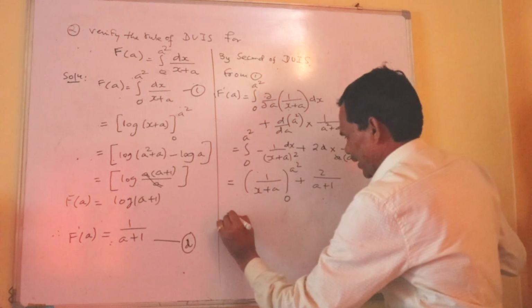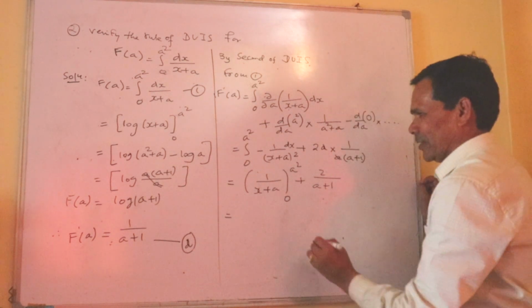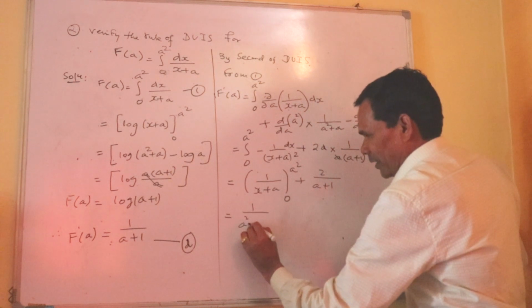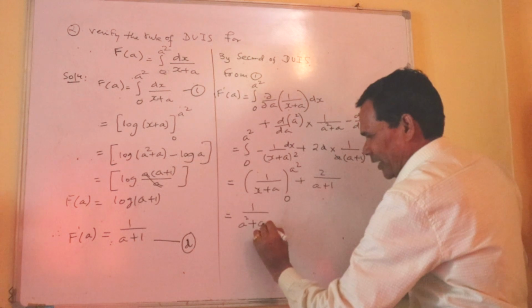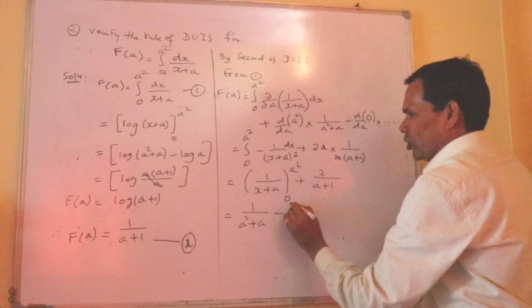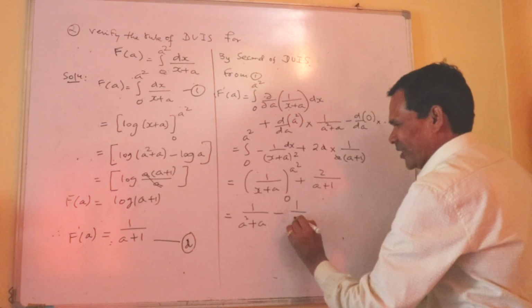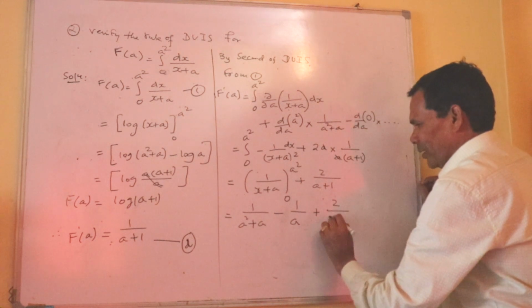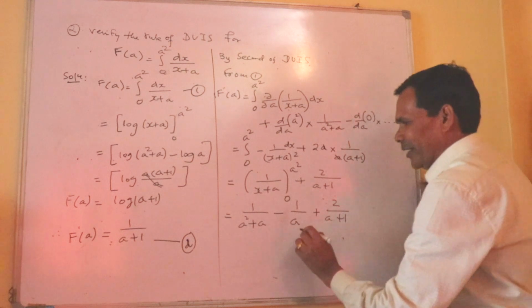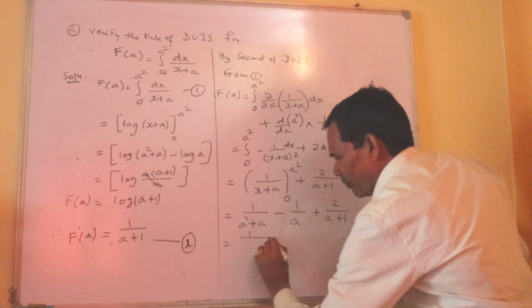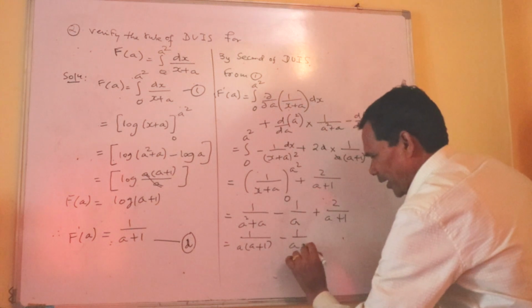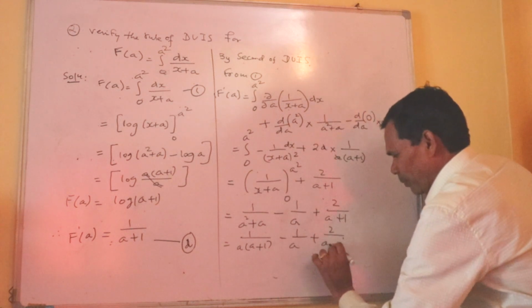If you apply the limits, upper limit a square, we replace x by a square, minus, replacing x by 0, we get 1 upon a plus 2 upon a plus 1.